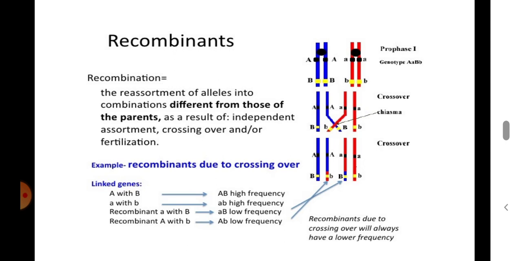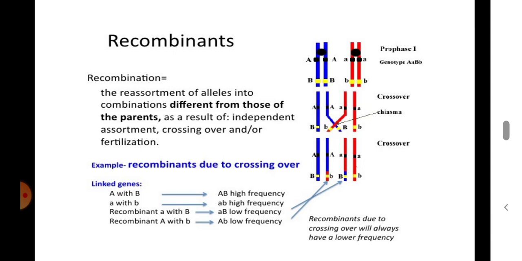Crossing over means the mutual exchange of blocks of homologous genes between a pair of homologous chromosomes. In crossing over, the homologous pair of chromosomes exchange their parts.